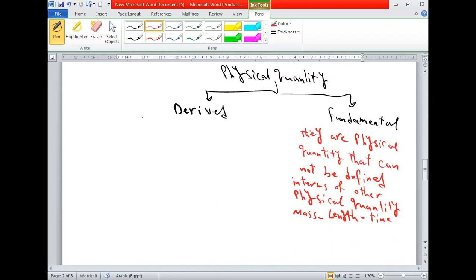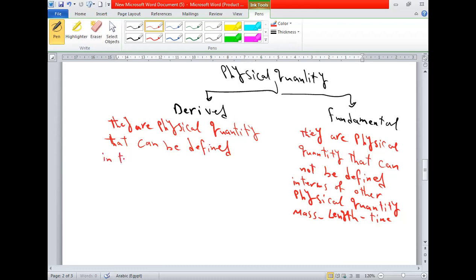Okay, derived physical quantity, the definition is they are physical quantities that can be defined in terms of the fundamental physical quantities.